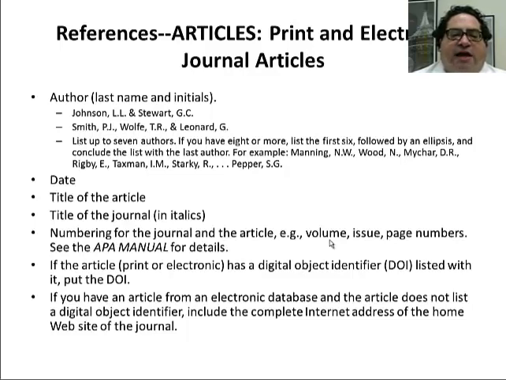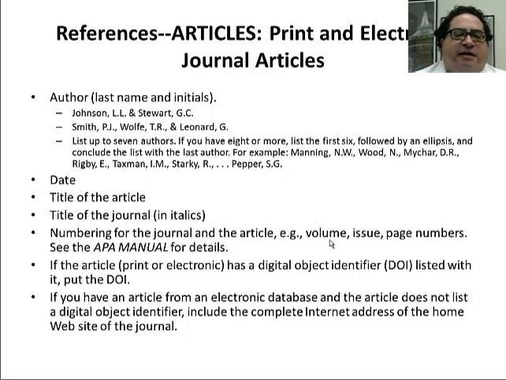If you have 8 or more authors, what APA says to do is list the first 6, then use an ellipsis, that's the three dots, and finish it off with the last author that's listed. APA says that last author sometimes has special importance or had a special role in the research, so you want to make sure that he or she gets their name listed.